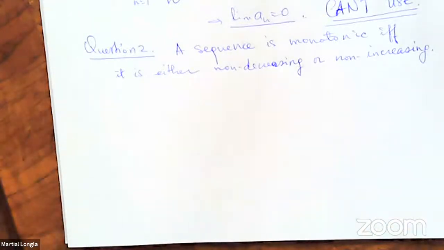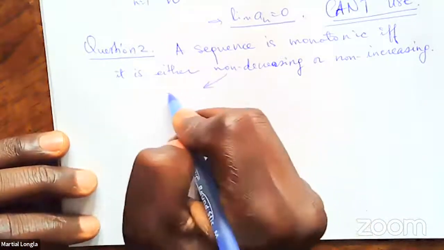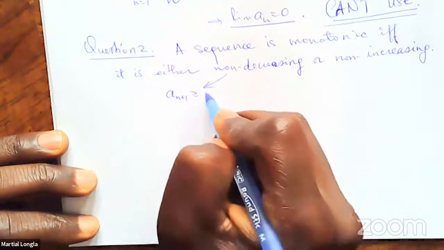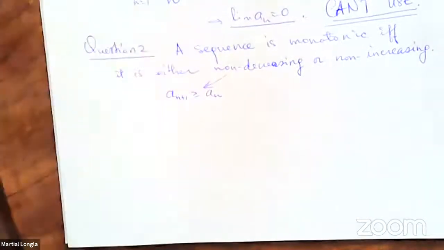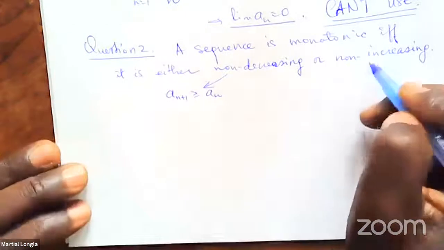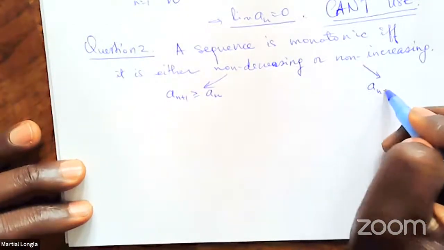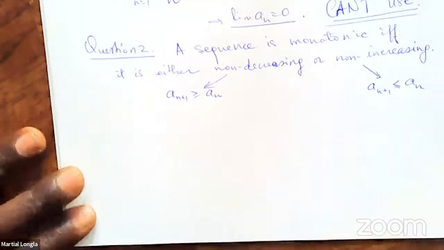So a non-decreasing sequence is one in which an plus 1 is larger than or equal to an. Non-decreasing, so it doesn't decrease. And non-increasing is when an plus 1 is less than or equal to an.